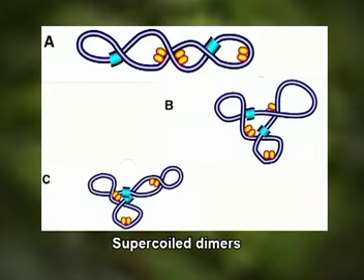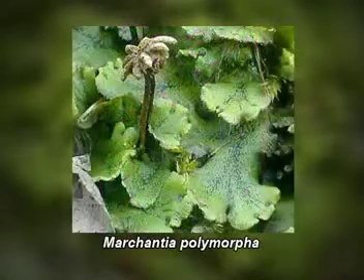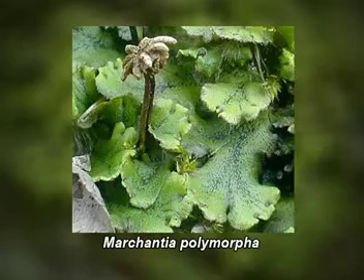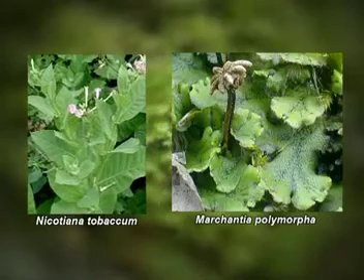supercoiled form is predominant. The first plant genome to be completely sequenced was a chloroplast genome owing to the relatively small size. In 1986, the chloroplast genomes of tobacco and the liverwort Marchantia polymorpha were sequenced, making these two the first complete plastome sequences.